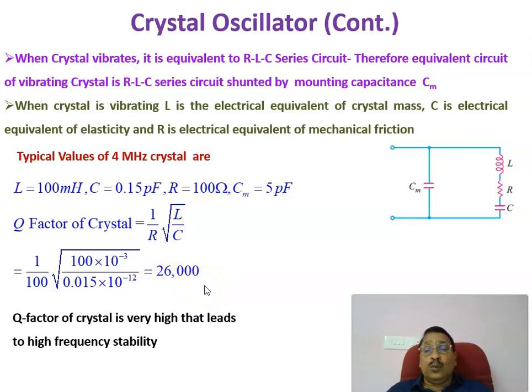The Q factor of a crystal is very high, and that leads to high frequency stability. As the Q factor is high, the frequency stability is more. Therefore, a crystal oscillator has very large frequency stability. This is the equivalent circuit of a crystal when it is vibrating.